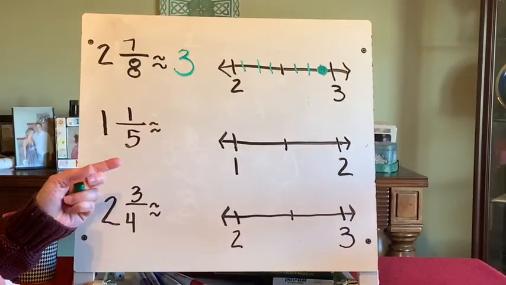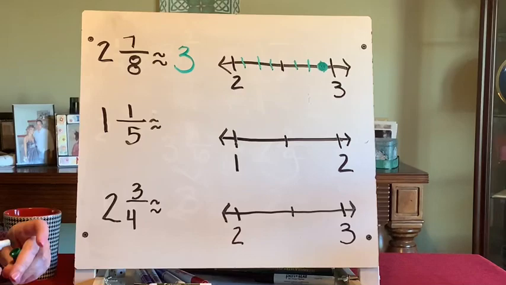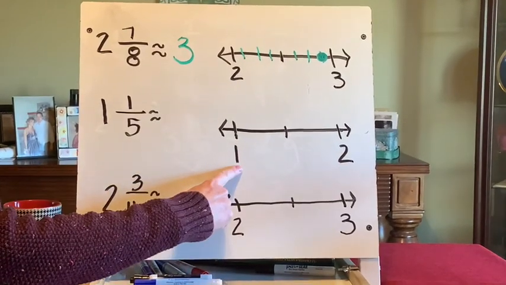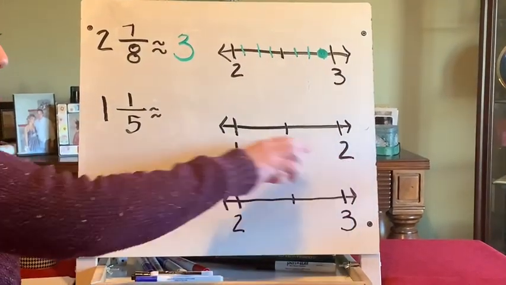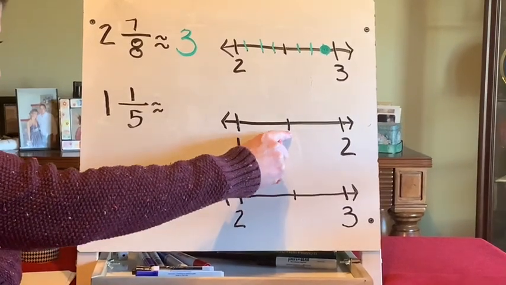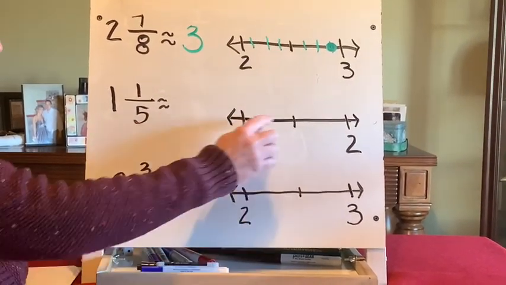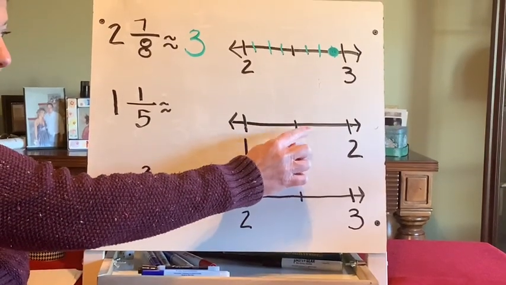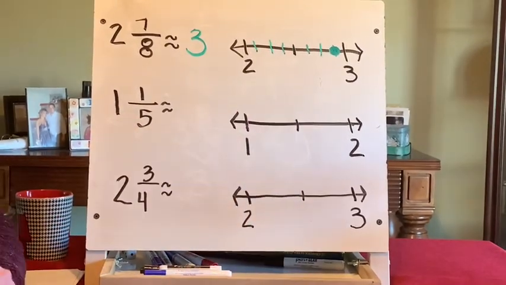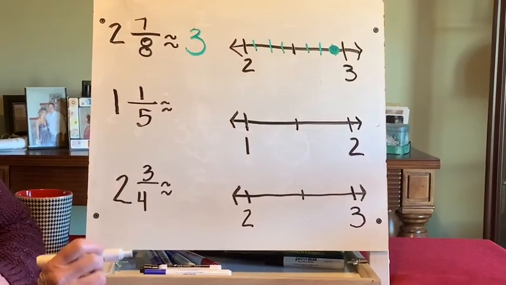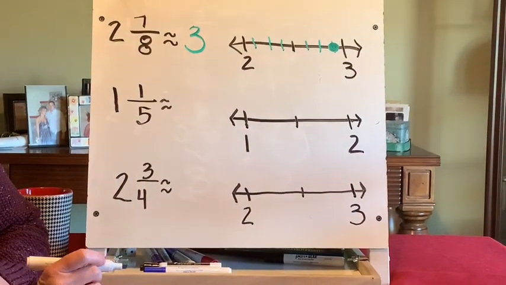Look at my next example, 1 1/5. So on my number line, you'll see I have 1 on one end, 2 on the other end, and I still have my half point there. Even though this is fifths and it's not even, because I'm thinking about a benchmark, I'm still putting that half there. But then I think about, where would 1 1/5 be?